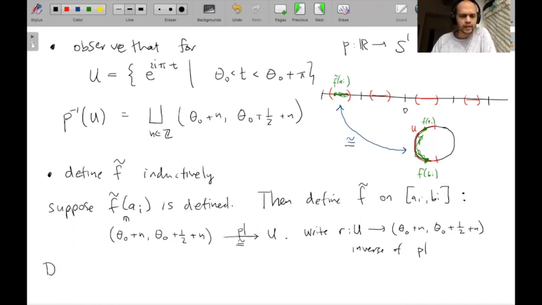So now define f tilde of t to be p, R composed with f of t. This is for t in the closed interval from a_i to b_i.